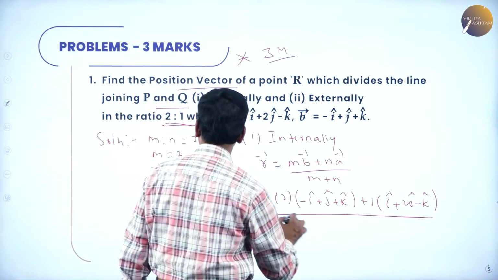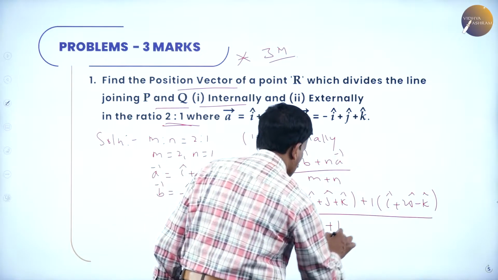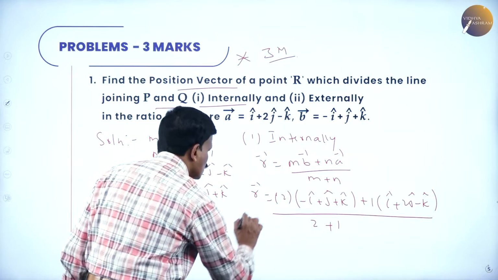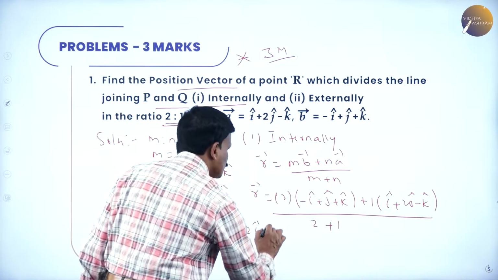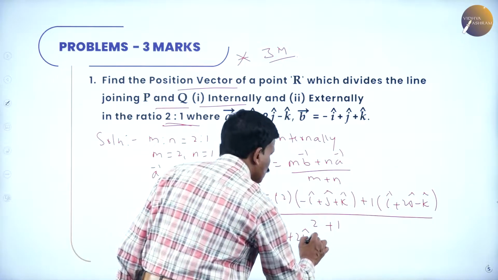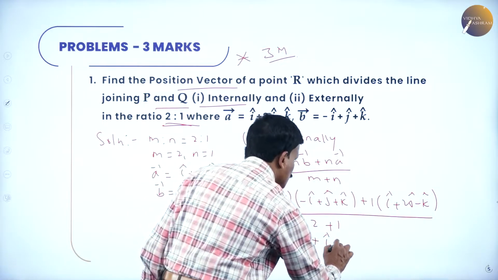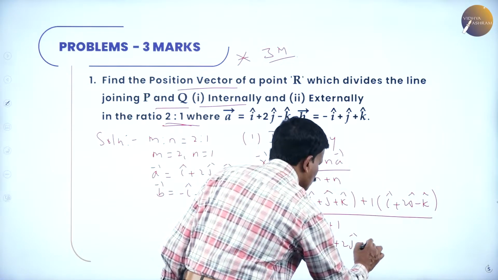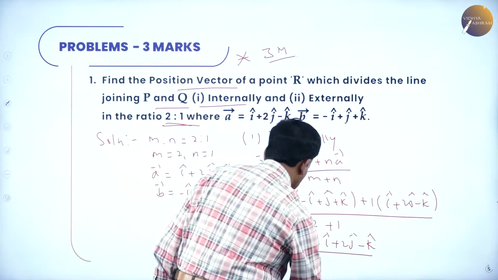What is m plus n? m is equal to 2, n is equal to 1. So, vector R is equal to minus 2i plus 2j plus 2k plus 1 into i plus 2j minus k divided by 3.